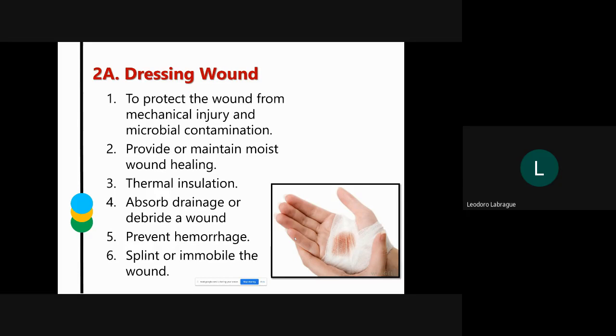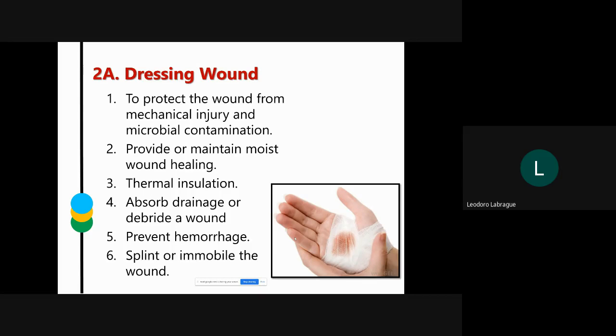Why? Because if you keep on moving your wound, the normal healing process is disturbed, as I have mentioned earlier. And your nursing intervention, in order to protect the wound from excessive mobilization, is to put a dressing to immobilize it, to keep it protected, to apply a splint, so as not to disturb the healing process.